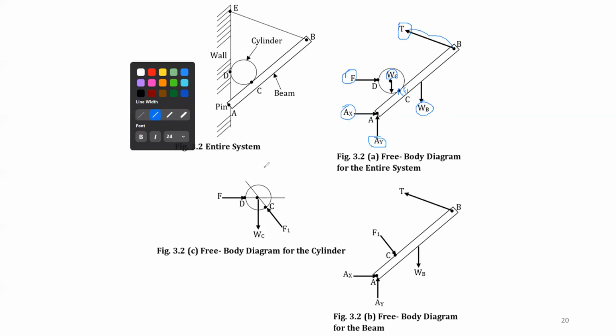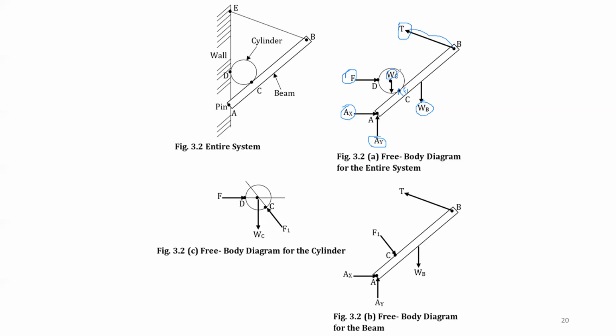You see. So if we isolate the cylinder from the beam, then we can easily draw the cylinder as it has been drawn. Now, mind you, the weight is there. And when we isolate a system, all the information in that system must be represented. So the weight of the cylinder, which is the WC, will be represented as shown.